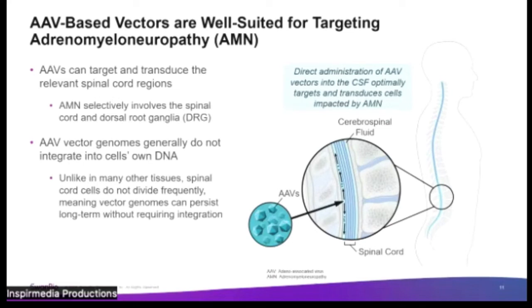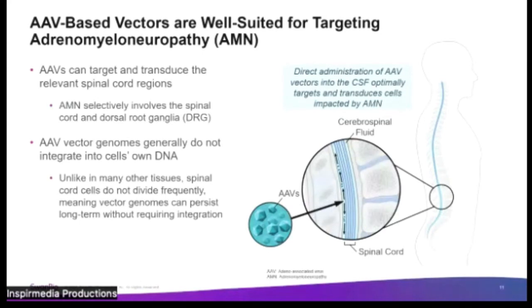And because the cells in the spine are difficult to access, we couldn't take them out, transduce them and put them back in. We have to access them where they are in your spine. But they also live a long time. So if we can get them the healthy copy of the gene, they'll probably be able to retain it for a while and use it. So this is part of why we chose the AAV as the approach to the spine.